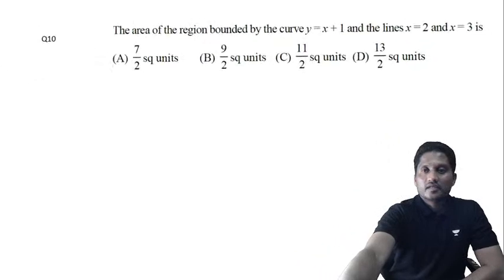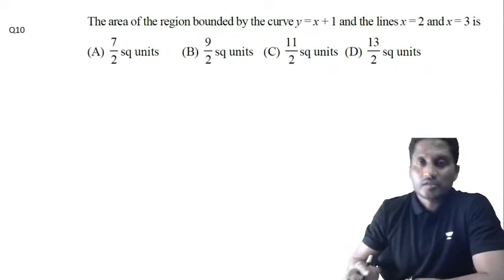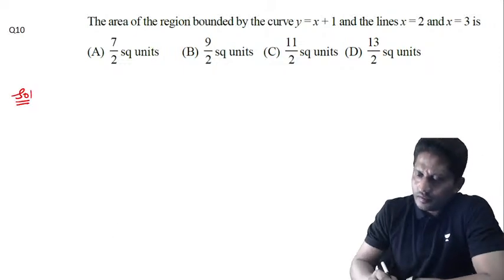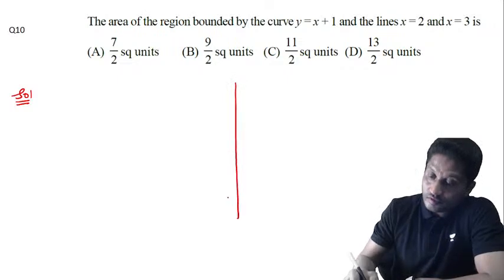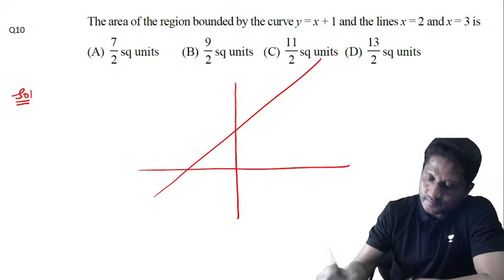Question number 10. See, this was asked in 2020 paper. There was a similar question. y is equal to x plus 1. This will cut at 0, 1 only, no?